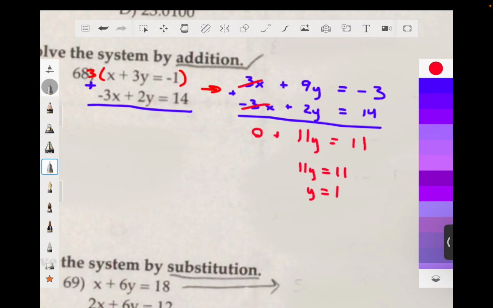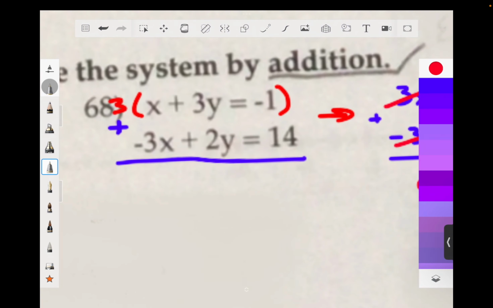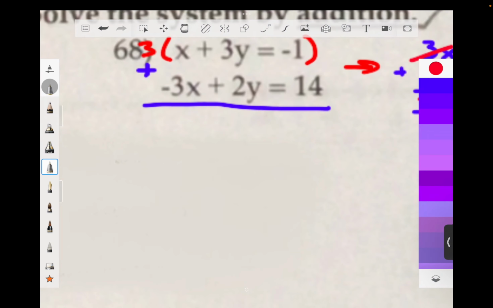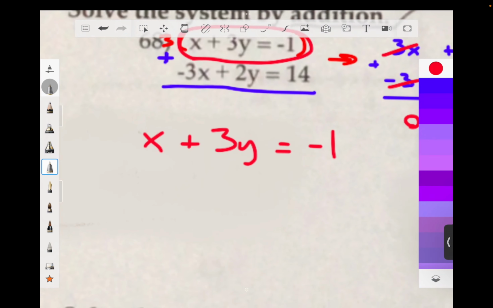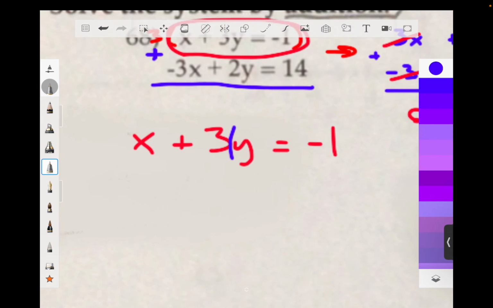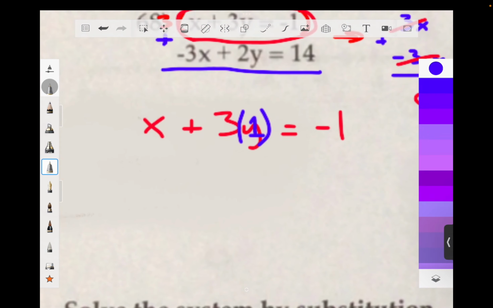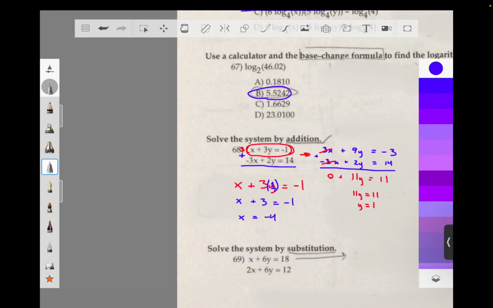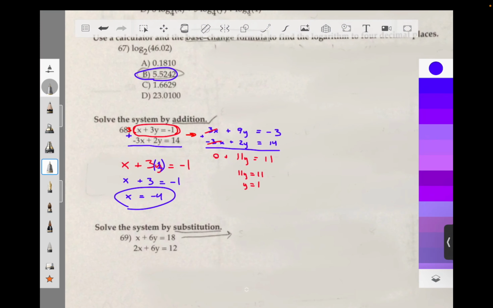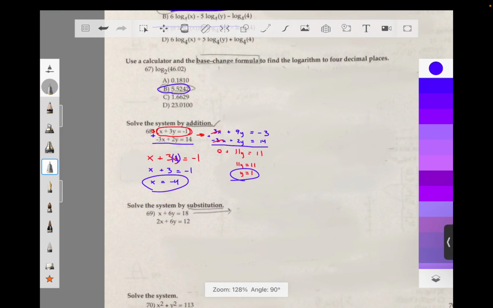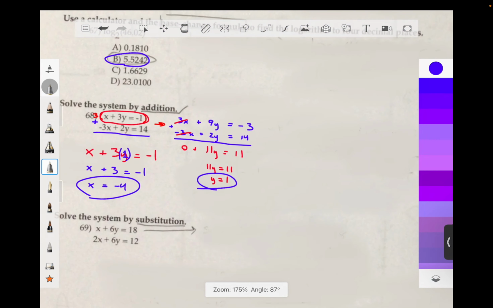So if y equals 1, we could plug this back into our original equation right here: x plus 3y equals negative 1. If y equals 1, that means x plus 3 equals negative 1, so x equals negative 4. They don't have an answer, so this is our x, this is our y. That's how you do it by addition.